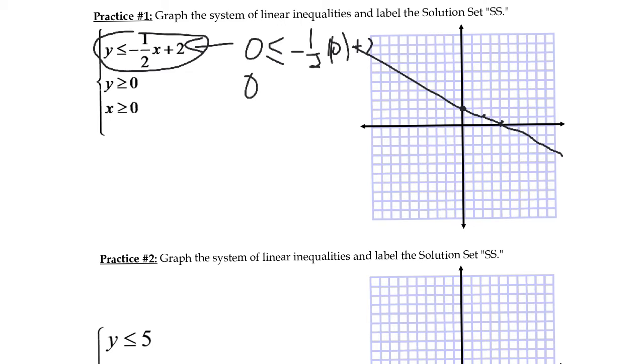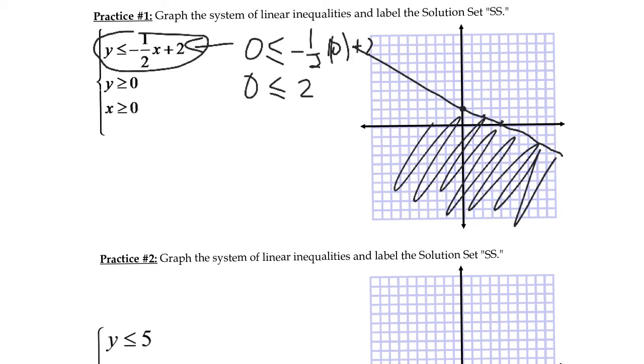So you get 0 is less than or equal to 2, and this statement is true, okay? Therefore, I should shade the portion of the graph that contains (0, 0). In other words, (0, 0) is below the line because (0, 0) is the origin, so I will shade everything below this line. So that's how you graph the first inequality.